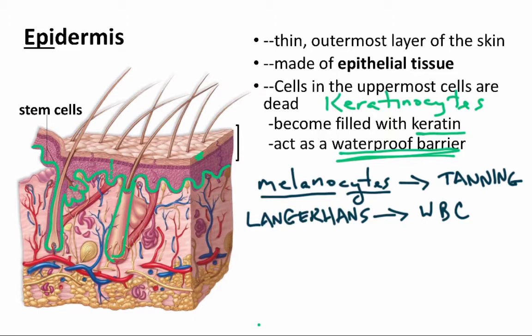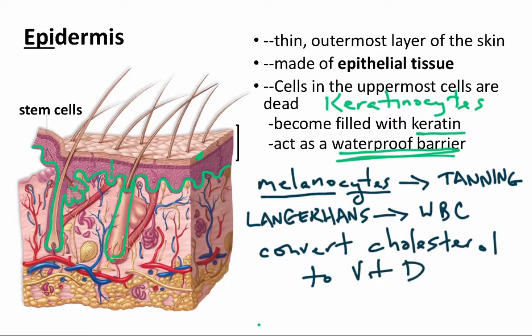And then finally, there are other specialized cells that convert cholesterol to vitamin D, and that requires UV light. So we require a certain amount of UV radiation to make vitamin D, but obviously a whole lot of it is going to result in an increased risk for skin cancer.